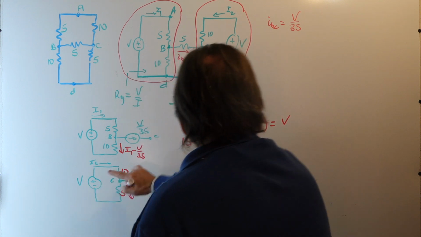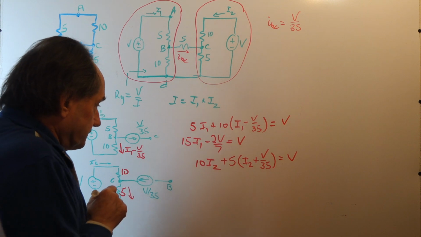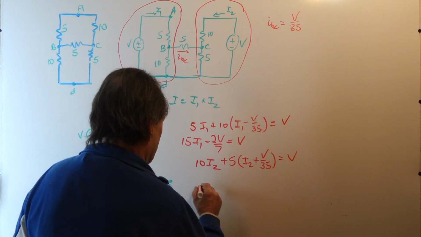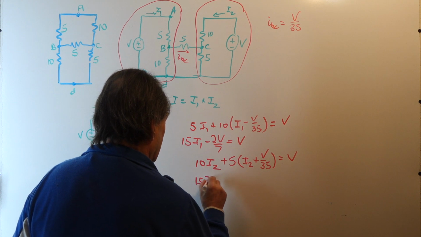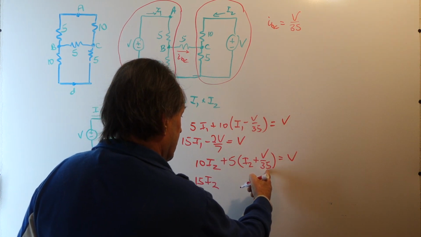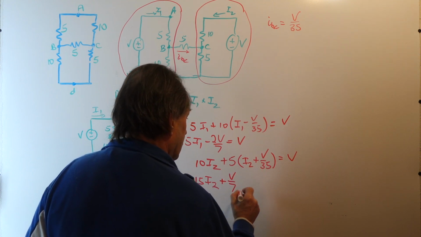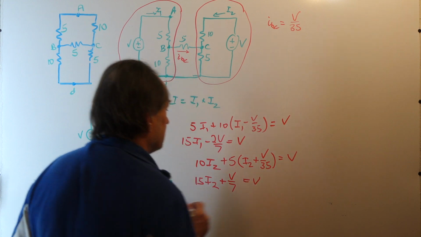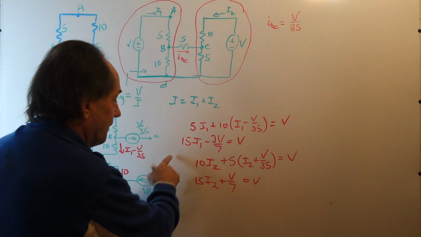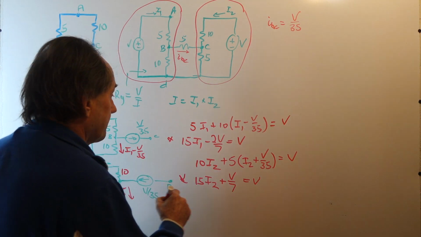And then a minus V, which I'll put on the right hand side. Now, combining like terms, we have 10 plus 5 I2, or 15 I2, and 5V over 35 gives me a plus V over 7, and this is equal to V. Now, we can solve for I1 and I2 on these two equations.